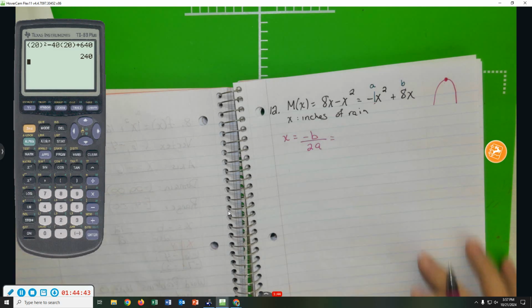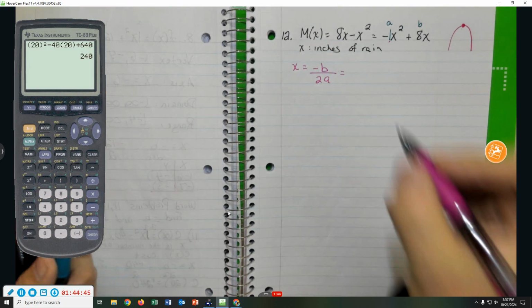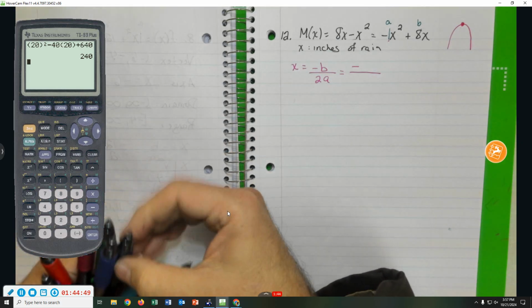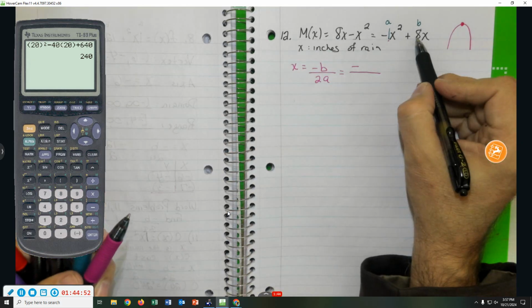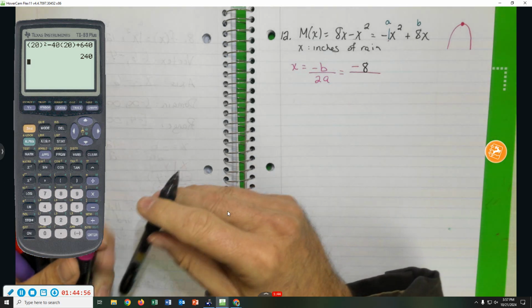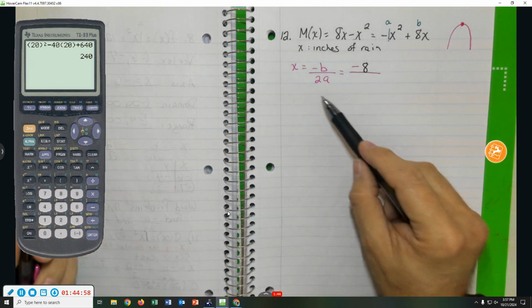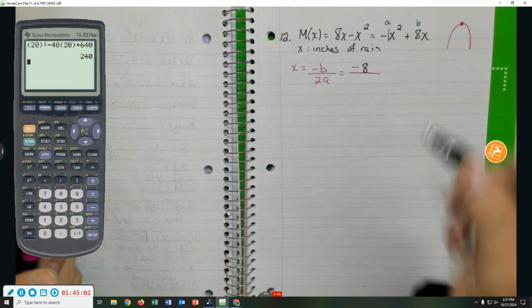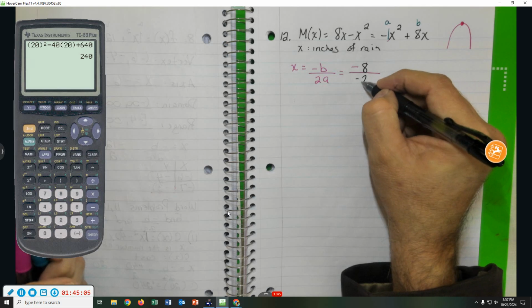So we use our little vertex formula. Minus b over 2a. And b is 8. So minus 8 over, what do we have in the bottom? 2 times a, 2 times negative 1 is negative 2.